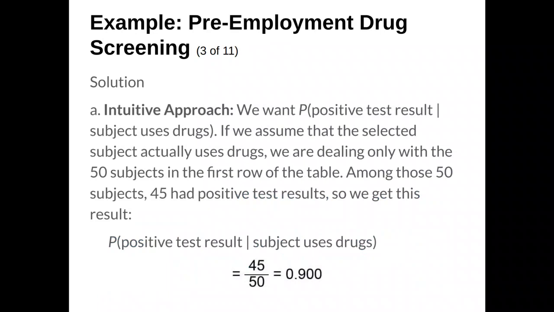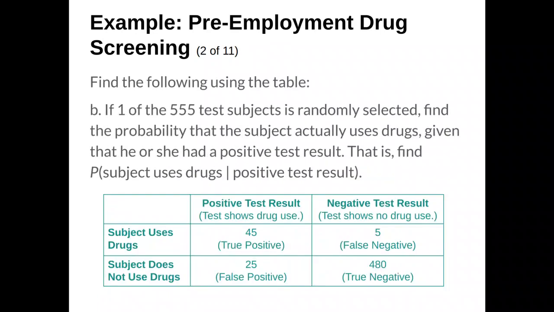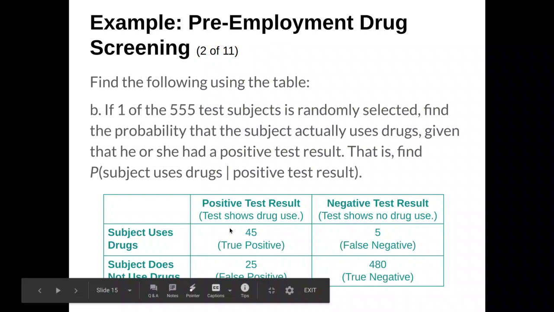So there's an intuitive way to think about this. For part A, we want a positive test result given the subject uses drugs. So if we come back to this table, we are assuming the person uses drugs. That is our condition: given the subject uses drugs. So that means we are in this group here.